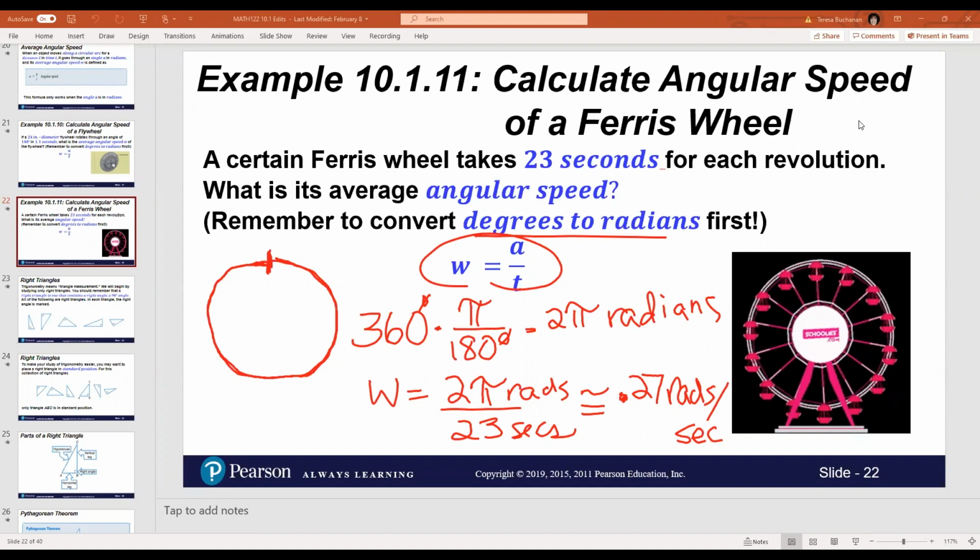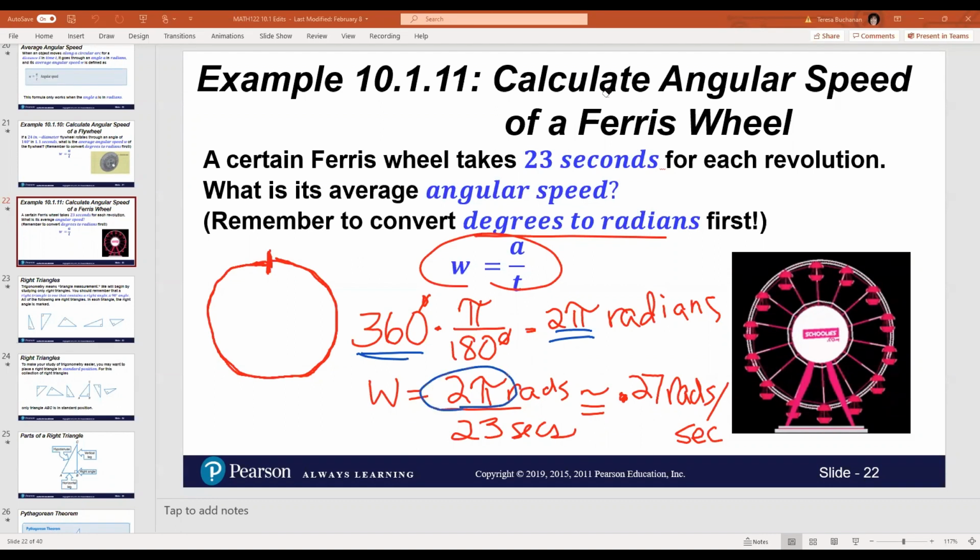All that says is, be careful and double check everything as you're working these, because you can't really judge whether the numbers are reasonable or not. So again, the 360 is 2 pi radians. All the way around the circle is 2 pi radians.